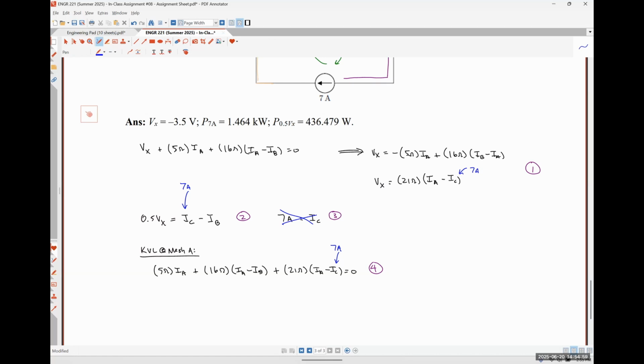And in my last equation, which I have labeled as 4 here, my coefficient for IA is going to be 5 plus 16 plus 21. My coefficient for IB is going to be -16. And my coefficient for Vx is 0. And my constant term is going to be positive 21 times 7.